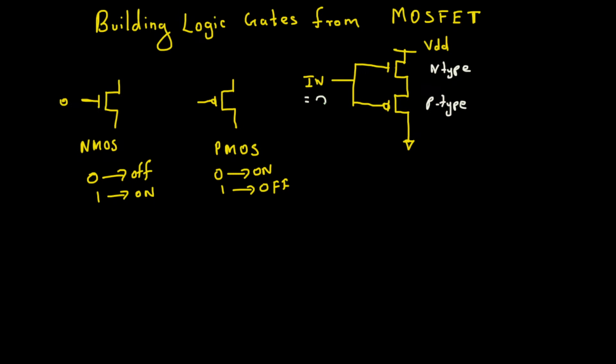So if you put input 0, then what will happen? This NMOS is going to be off. Let's say this is the output here. We can analyze what the output will be, or you can call it V0, like a voltage output. If you input 0, then this NMOS is going to be off, so it means this is an open circuit, and this one is just connected with the ground.